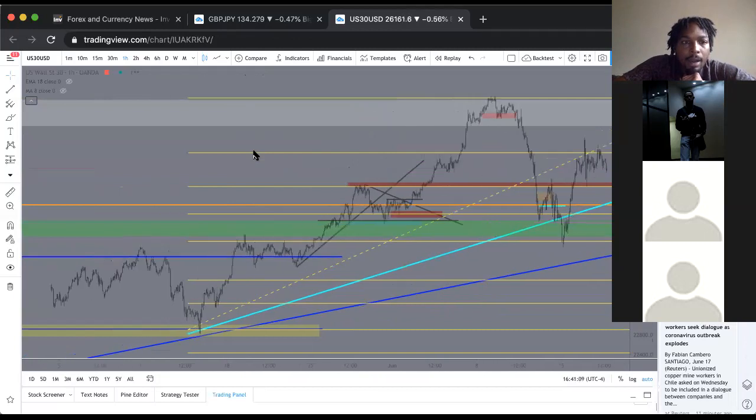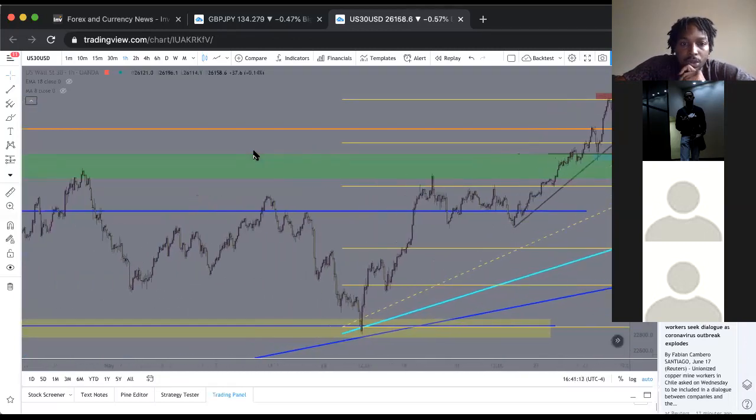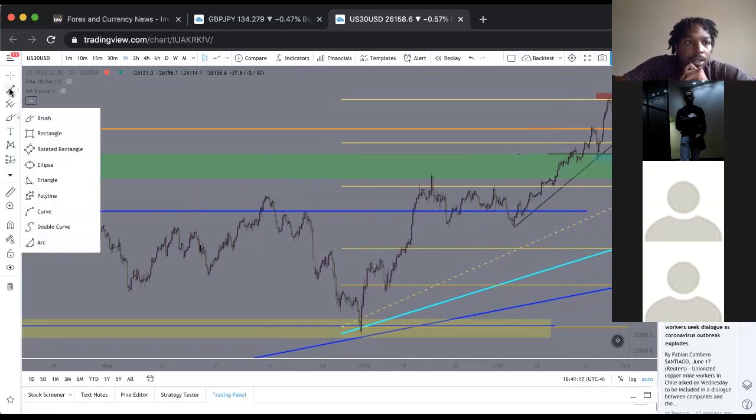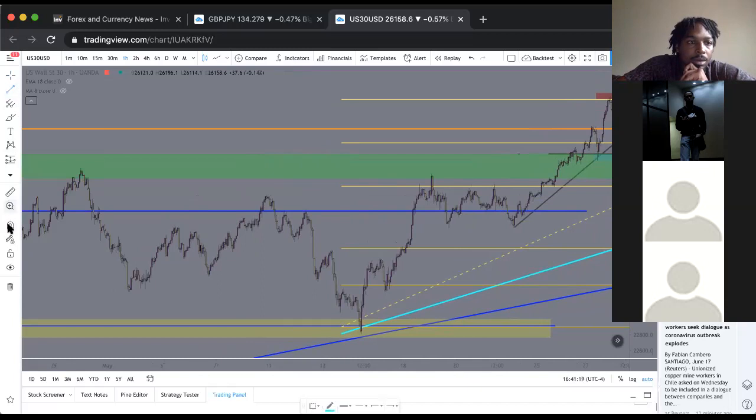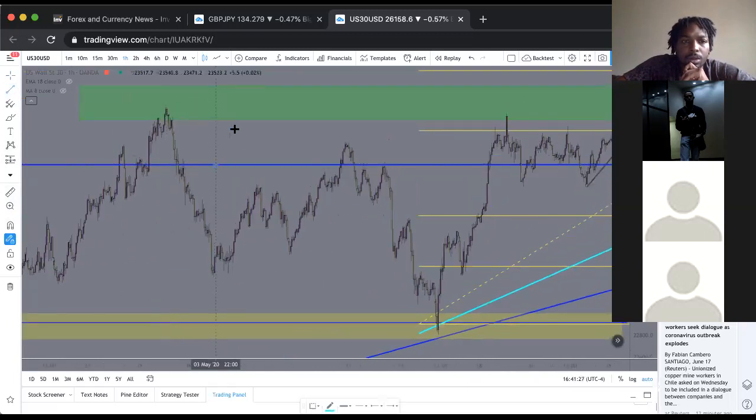So the first thing I basically just wanted to touch on is everybody needs to understand, of course, structure within itself. So we all understand what makes an uptrend.